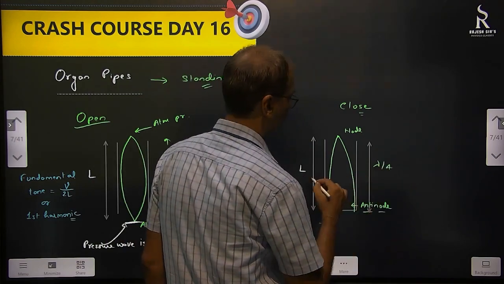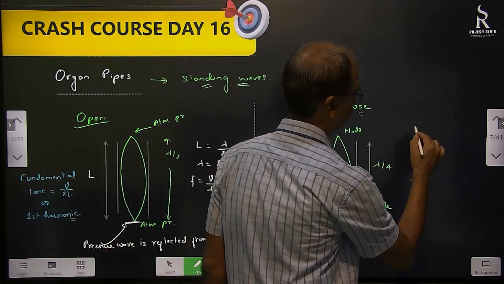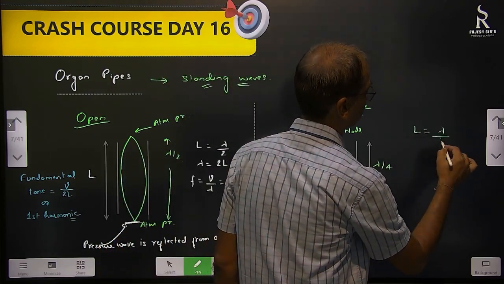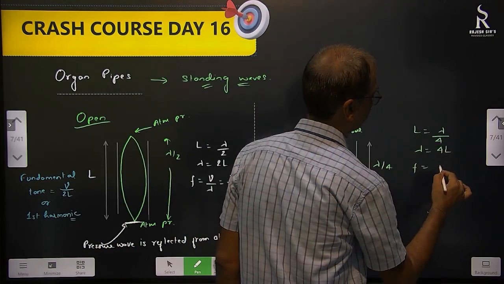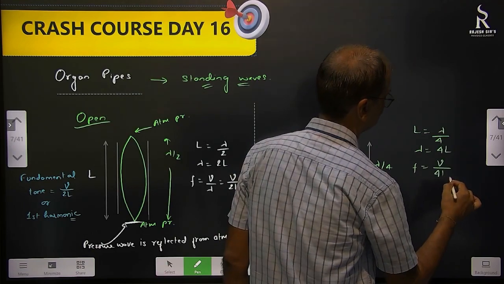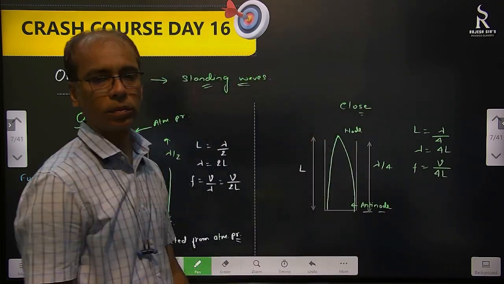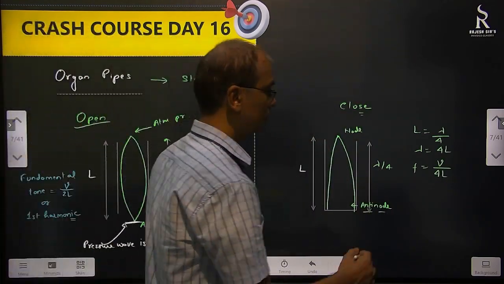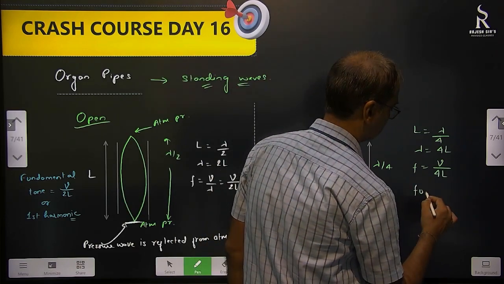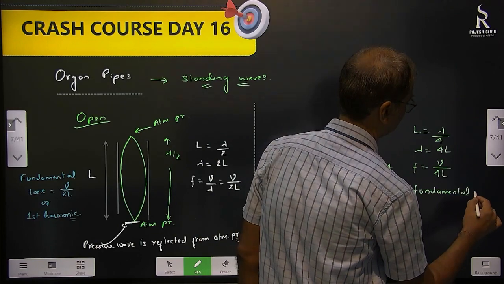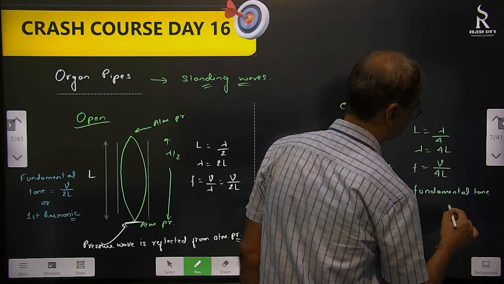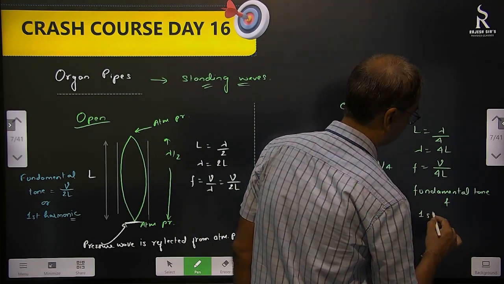Now we can equate L and lambda by 4. So what is the equation? L equal to lambda by 4, lambda equal to 4L. So frequency is V by 4L. Again, this is the fundamental tone and first harmonic.